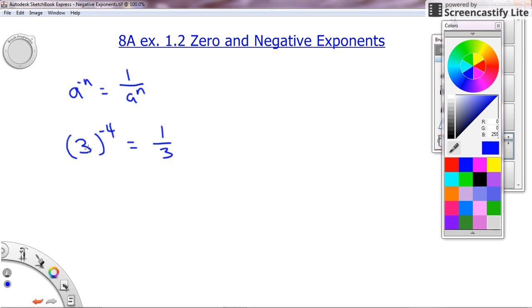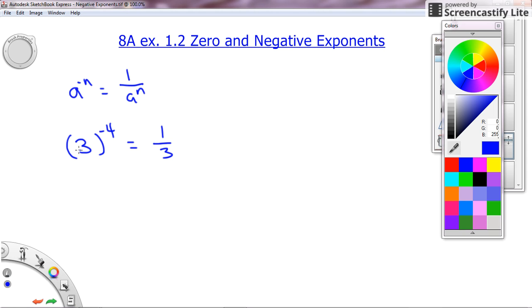Remember, to take a reciprocal, it's like taking a fraction. So if I have 2/3, the reciprocal is going to be the fraction flipped. So for 3, what I had to do was, in my head, I wrote 3 as 3 over 1. And then you can flip this to make the reciprocal.